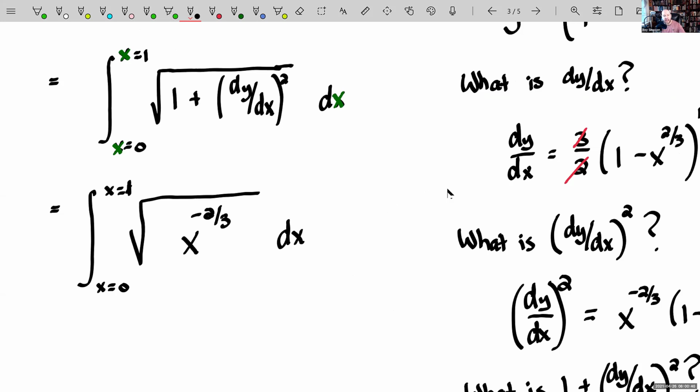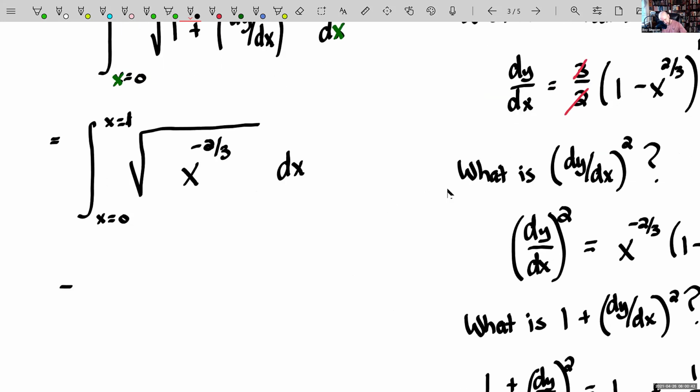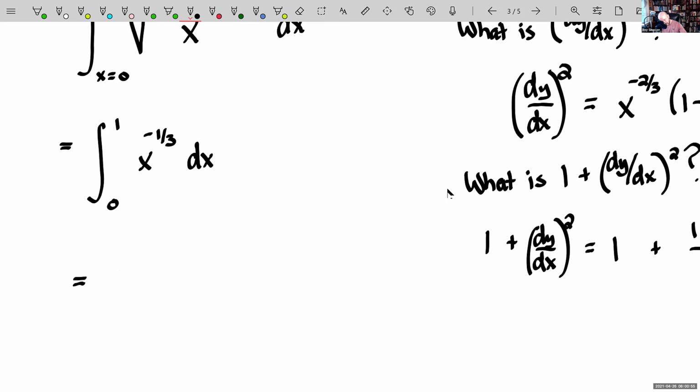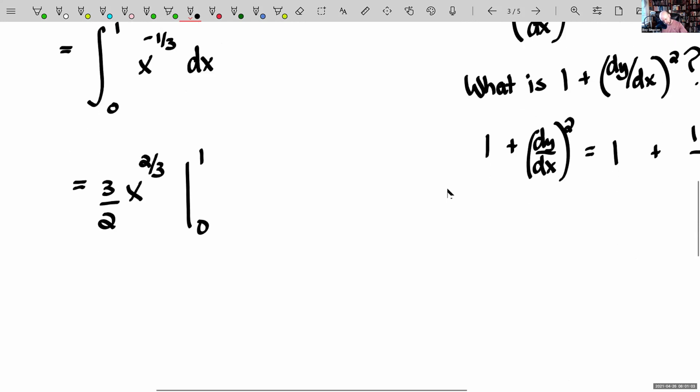Remember, square roots are half powers, so that's going to be the integral, from now I'm just going to write from 0 to 1, now that I have everything in terms of x. The integral from 0 to 1 of x to the negative 1/3 dx. And this will be x to the 2/3 times 3/2 evaluated from 0 to 1, which is going to be 3/2.